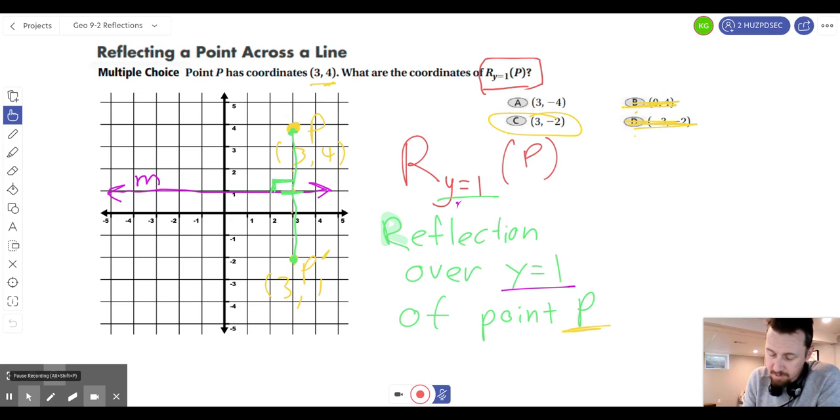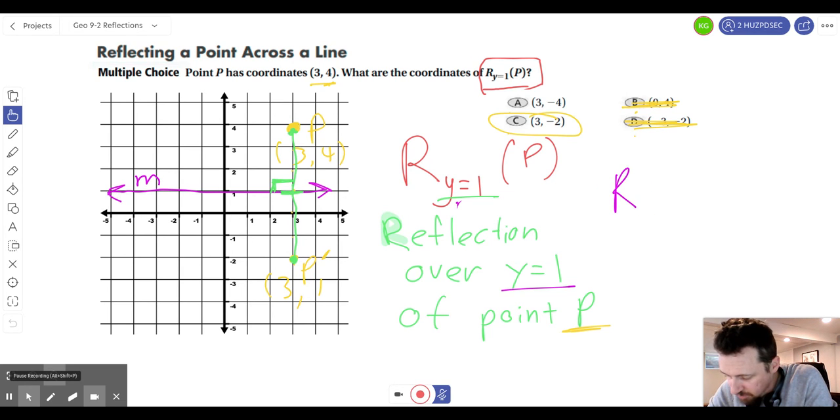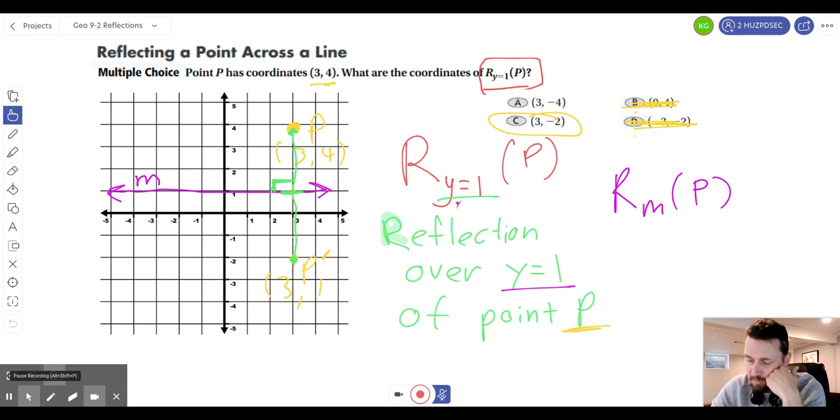This could also be written as reflection, and then whatever letter names the line. We often use M because mirror starts with M. So our reflection over M of point P is the same question as what we have in red there.